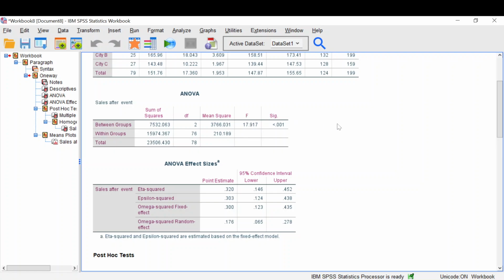Okay. So in this case, we can look at our rows. We have what's called between groups and within groups. Between groups is essentially our independent samples t-test in an ANOVA context. So in other words, this is comparing City A, B, and C across each other to see if there's a significant difference.